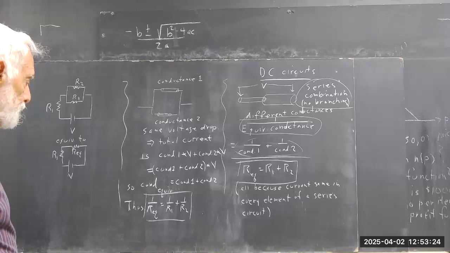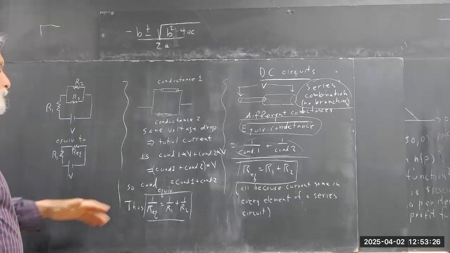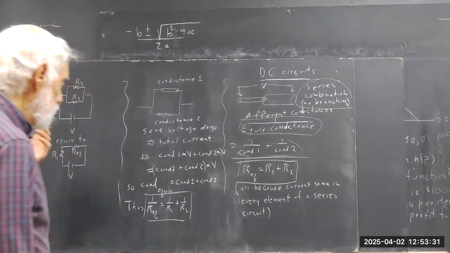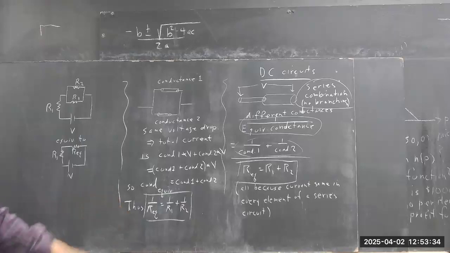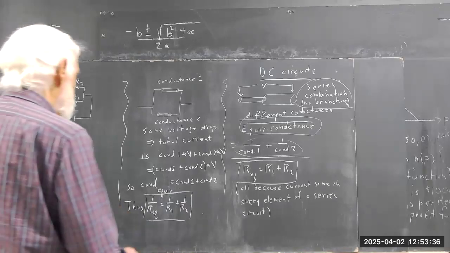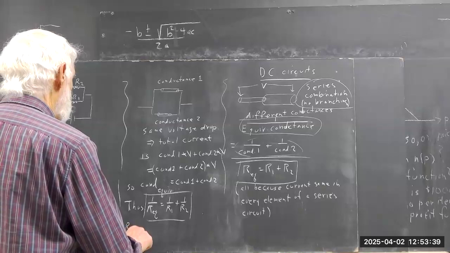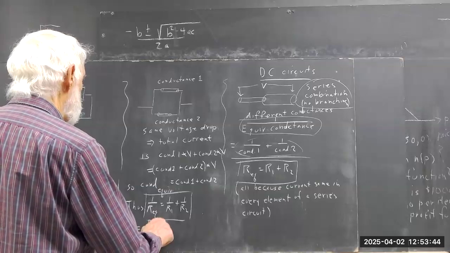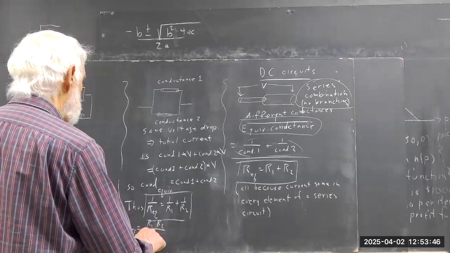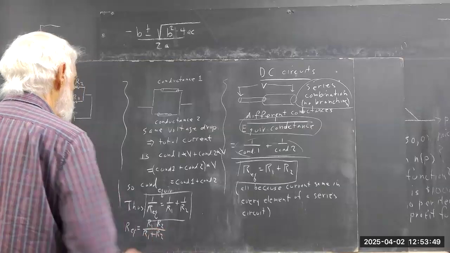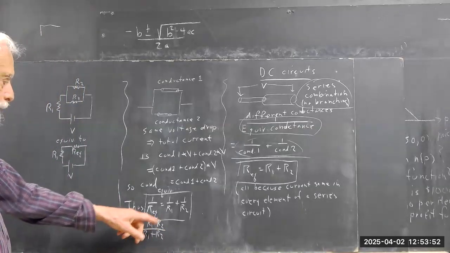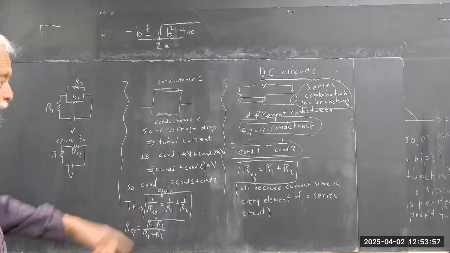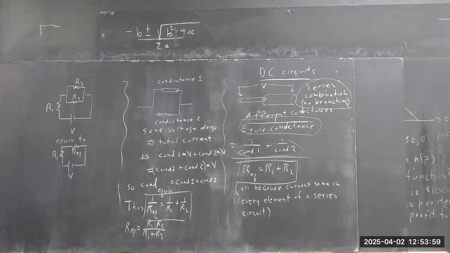Now this R equivalent, if you multiply both sides of this equation by the common denominator, something you should know how to do, but somehow nobody ever does, you're going to get this: just the product over the sum of these two resistances. It's a simple algebraic rearrangement of this equation.